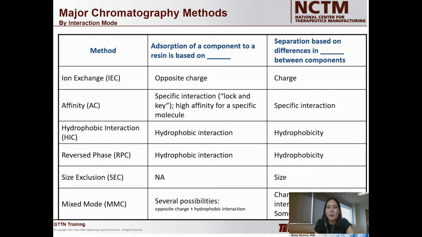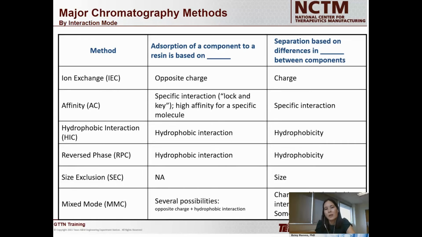There are different types of chromatography resins out there that are going to interact with components in different fashions. So there are ion exchange resins. Those are going to be interacting with different solutes based on differences in charge. You have affinity resins, which are going to be interacting with different components in a very specific biomolecular interaction way.